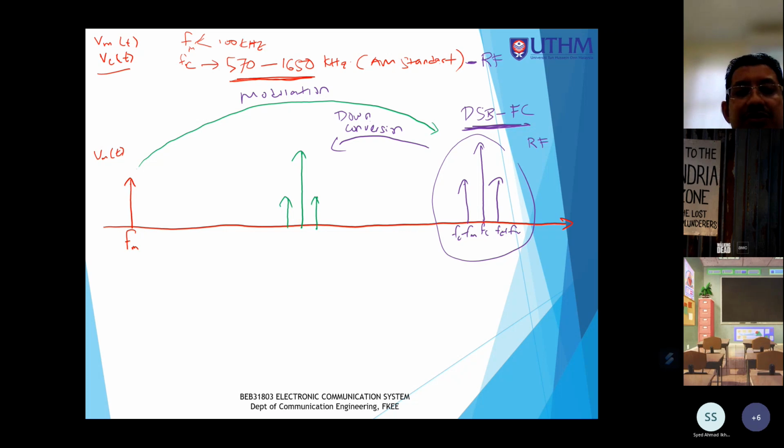Okay. So this is what we call the IF, intermediate frequencies.